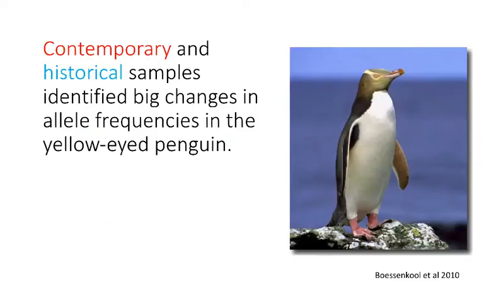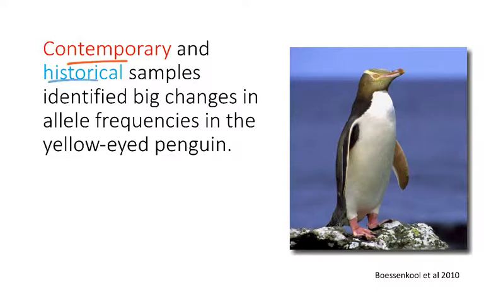So let's walk through one example of this. They've actually done this technique in yellow-eyed penguins. So what they did is for their contemporary samples, they took blood samples from contemporary live penguins. So I'm not going to try to draw a needle, but they drew blood from penguins.